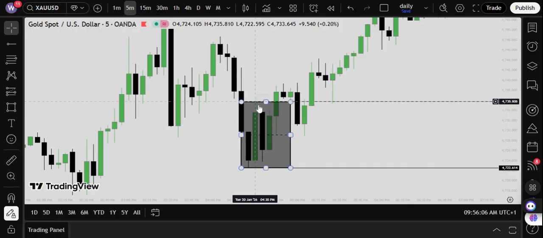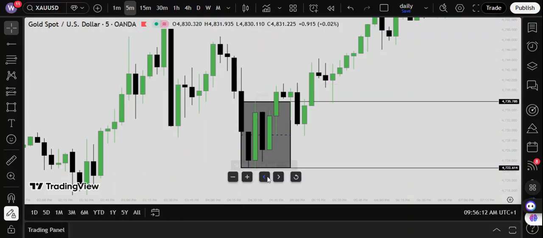But now this is what you should do. Make sure that the second candle, right, does not wick above or below it. If it wicks above or below it, it is invalid, right? It is invalid. The entire formation must be within the mother candle, right? Now, for you to spot a high probable inside bar candle, this is a trading tip for those who waited to the end of the video, right?